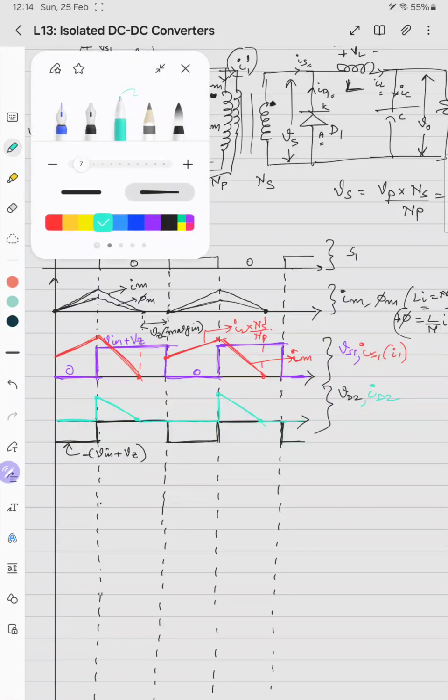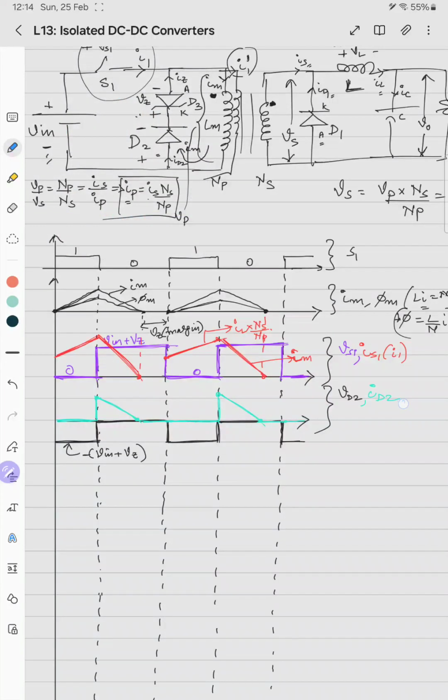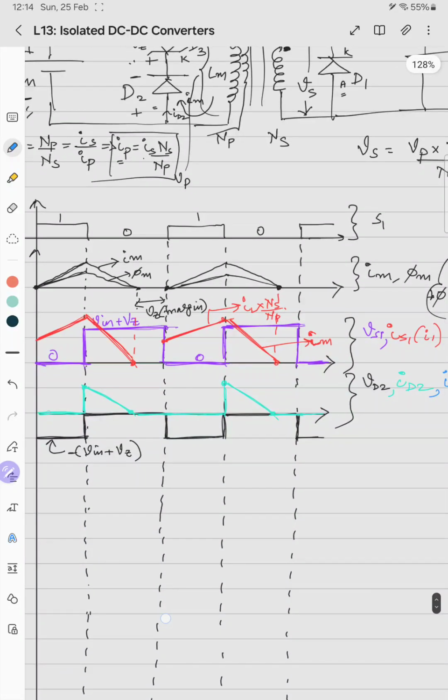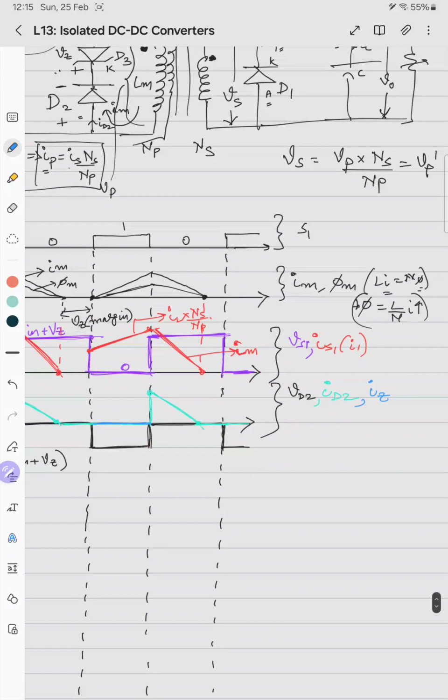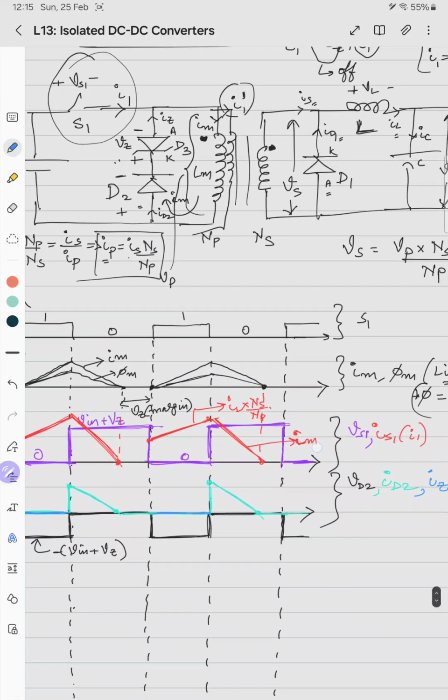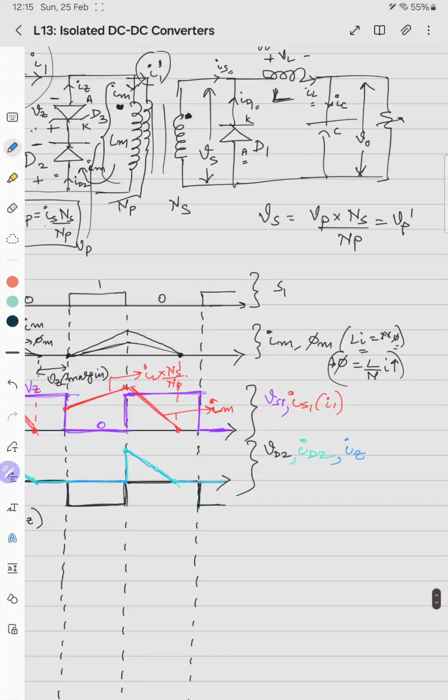So I think I can draw one more current here, IZ. So again, during on, the current IZ equals ID2, both are 0. And when this is on, then IZ becomes equal to ID2.